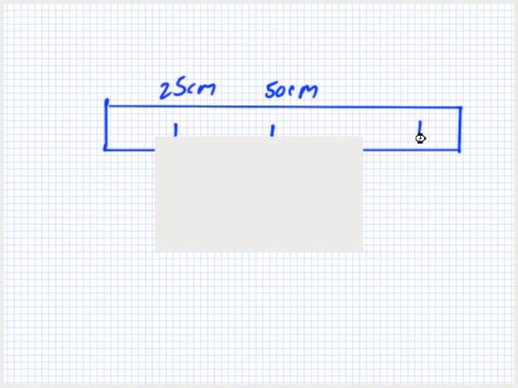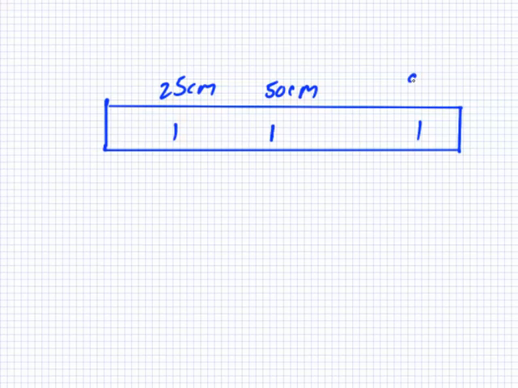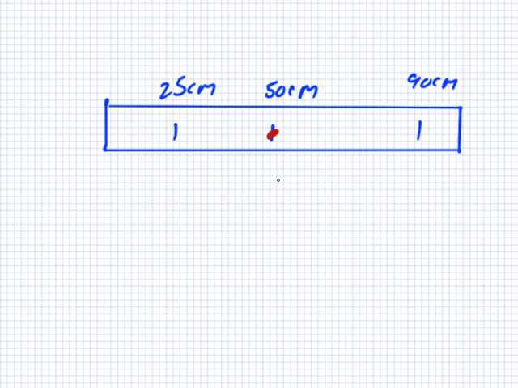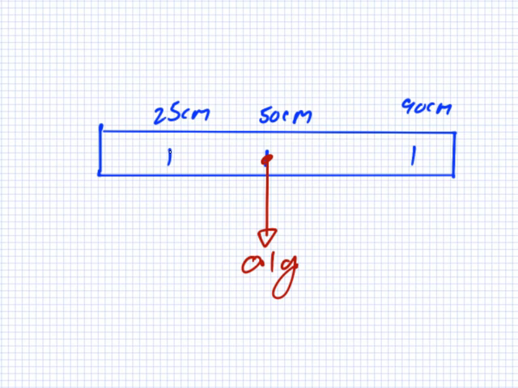And then here is the 90 centimeter mark. And because it's 100 grams, it means there's a force here of 0.1 g. And this is hanging from 2 strings. One here and one here. And we'll call these forces T and S.